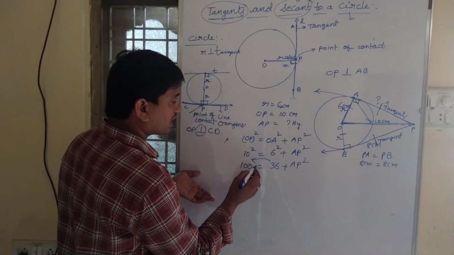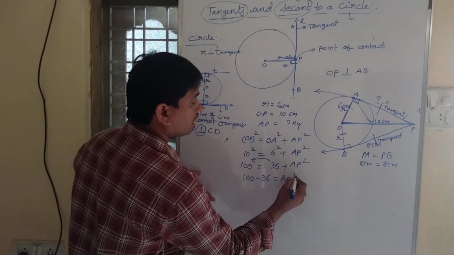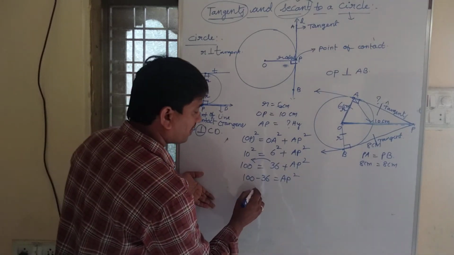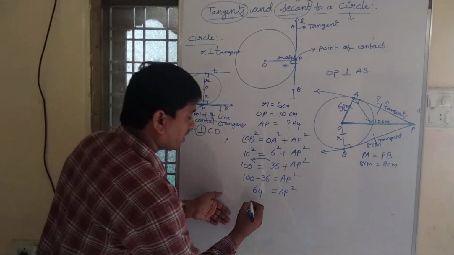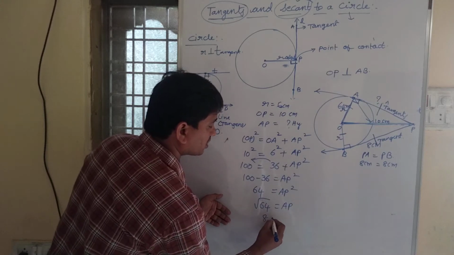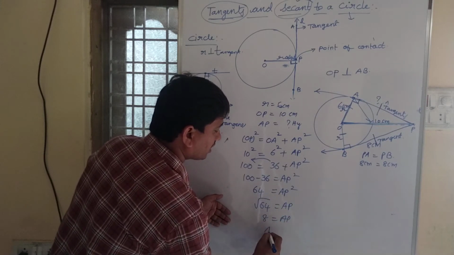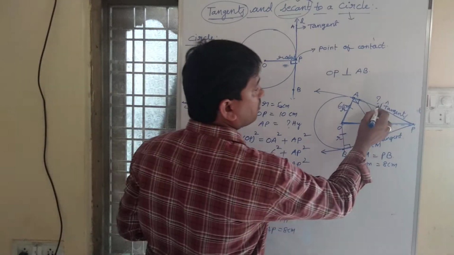So 10 squared, that is 100, is equal to 6 squared, that is 36, plus AP squared. If we transpose 36 to the left hand side, 100 minus 36 is equal to AP squared. So 100 minus 36 is 64, equal to AP squared. If you transpose the square, it becomes a square root. So the square root of 64 is 8. So what is the length of AP? AP will be 8 centimeters. So what is the length of the tangent, children?